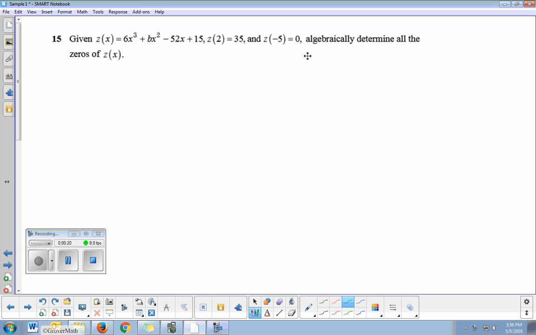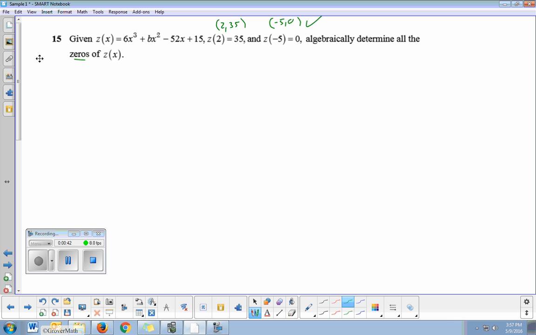Well, right here, when they say z of 2 is 35, they're saying when x is 2, y is 35. And z of negative 5 is 0, that's saying when x is negative 5, y is 0. That is one of your roots, or one of your zeros.